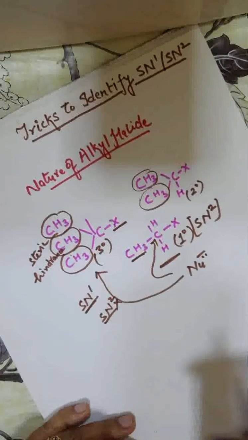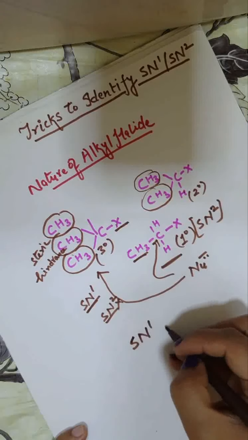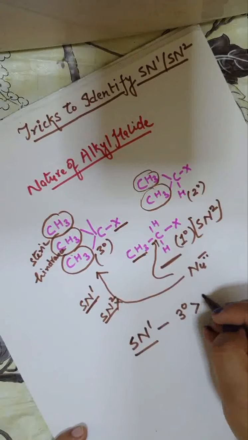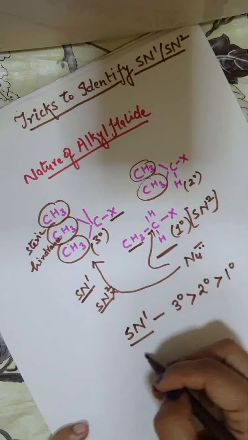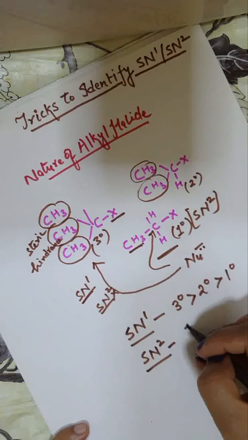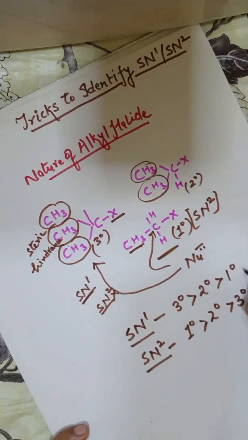Okay. So if we say the order of the SN1 reaction, then tertiary, secondary and primary. If we say the order of SN2 in alkyl halides, then primary, secondary and tertiary.